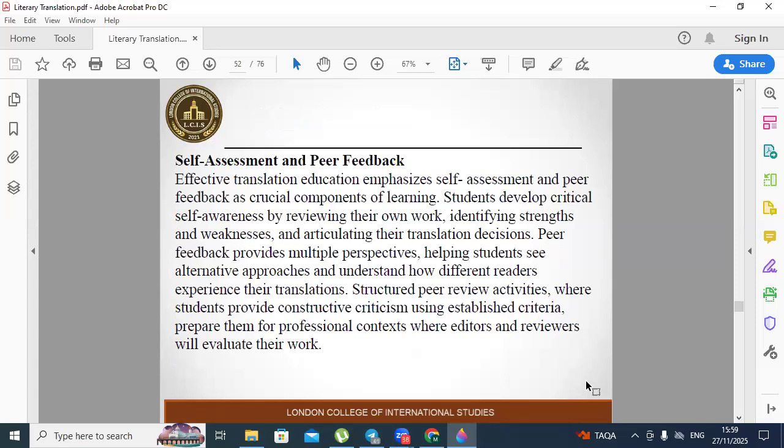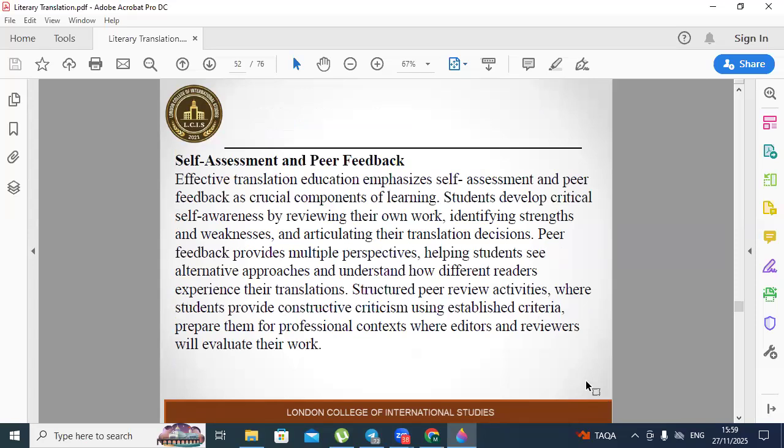Effective translation education emphasizes self-assessment and peer feedback as crucial components of learning. Students develop critical self-awareness by reviewing their own work and identifying strengths and weaknesses and articulating their translation decisions.